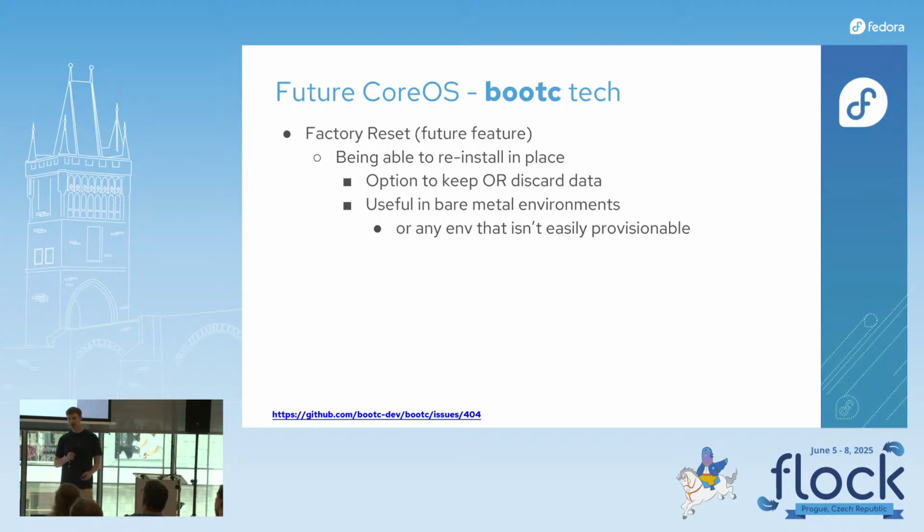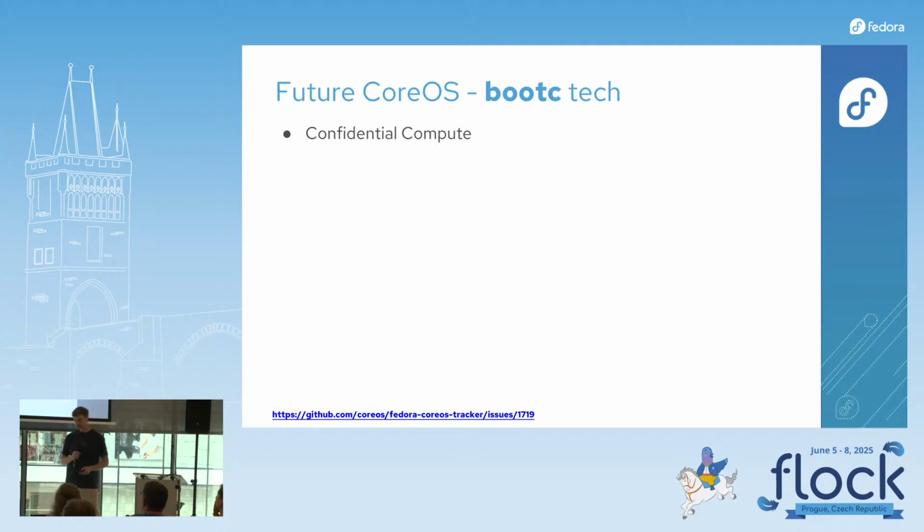So some people have everything automated for their provisioning, and some people you literally have to upload an ISO to a virtual media server or an ILO or something like that, and clicking the buttons takes a long time, and it's just a painful process. So being able to make that easier for people is something that we've wanted for a long time.